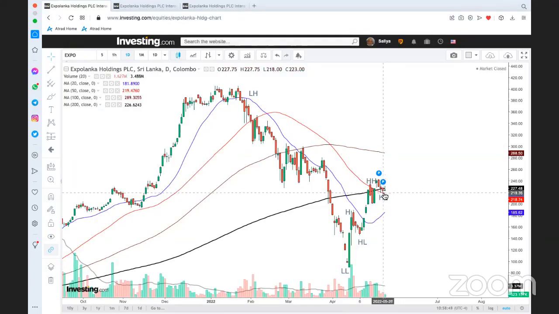In the case of the 50-day moving average, we can see the prices have gone up and thrown back or come down to retest the 50-day moving average, because the lows are just brushing the line.